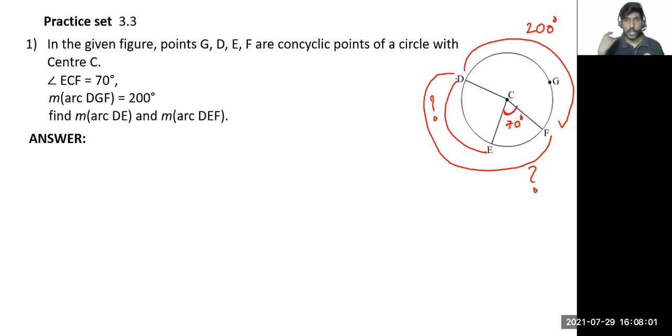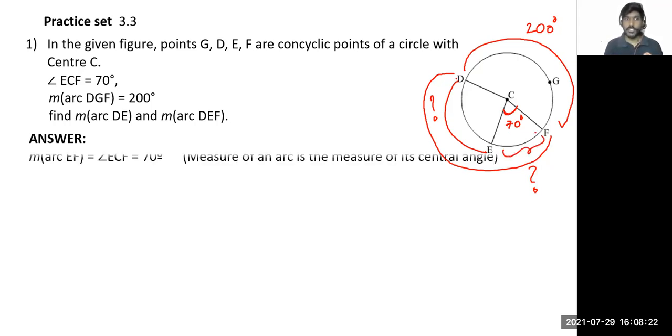Yes, arc EF. So what will be the measure of that arc EF? It will also be 70 degrees. So measure arc EF is equal to angle ECF, both are 70 degrees. The reason is that the measure of the arc and the central angle is the same. Okay, so EF is 70. So I'll write here 70.